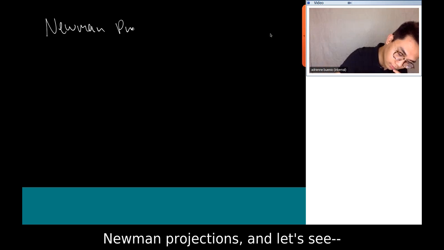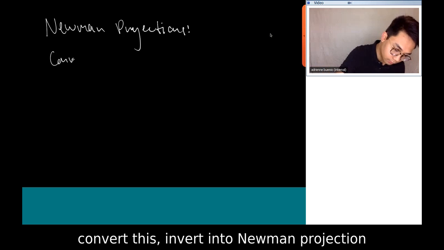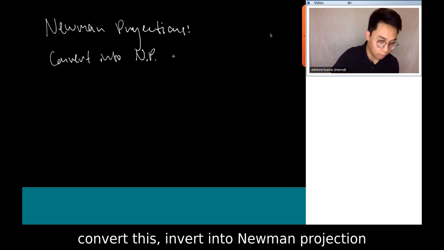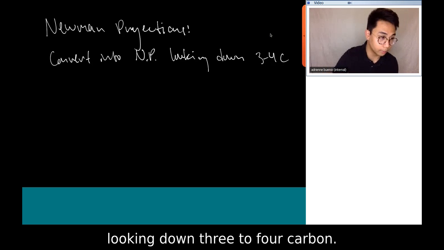Newman projections: convert this into Newman projection, looking down the 3 to 4 carbon.